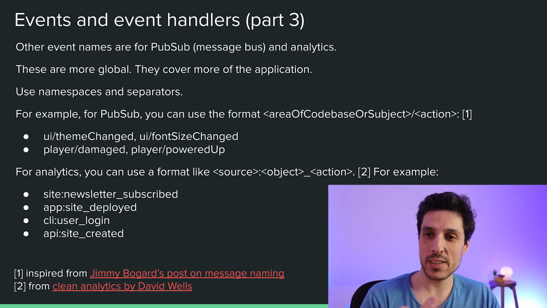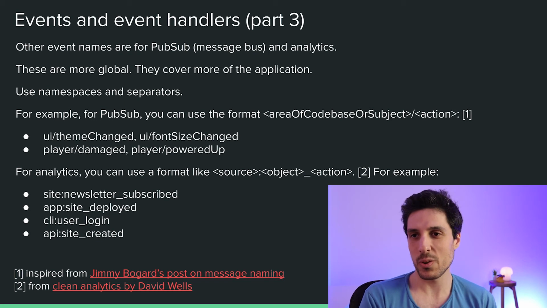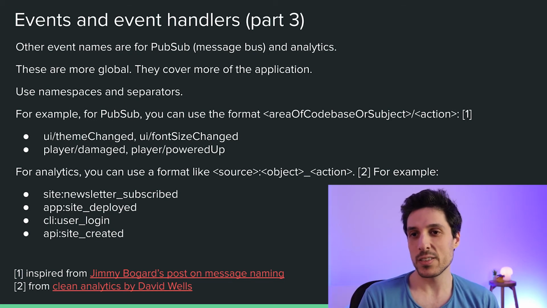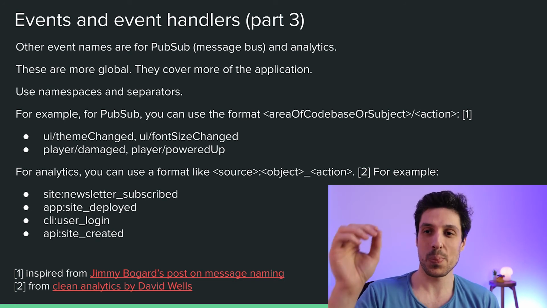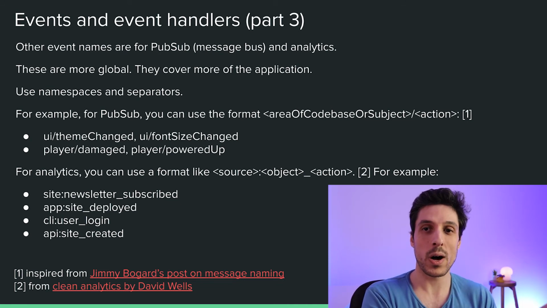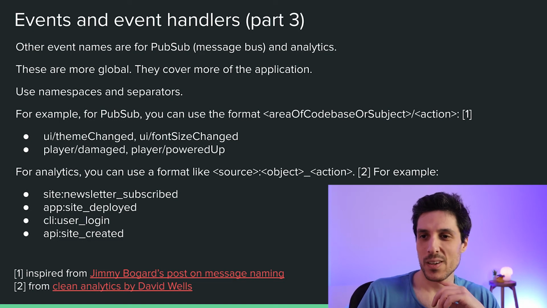And for something like Analytics, similar thing. So, a blog post by David Wells that I've got on the slides there recommends a convention like the following: what the application is, so to speak, then what was affected, and then what happened to the thing that was affected. Okay, so again, it makes large scopes like that easier to work with.